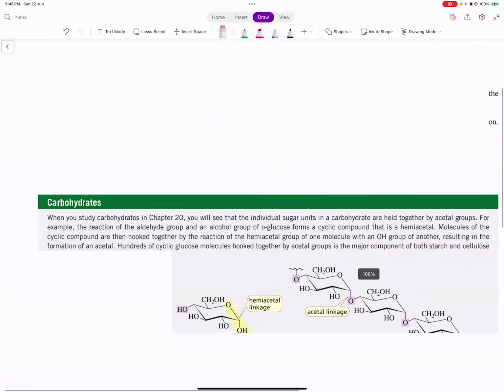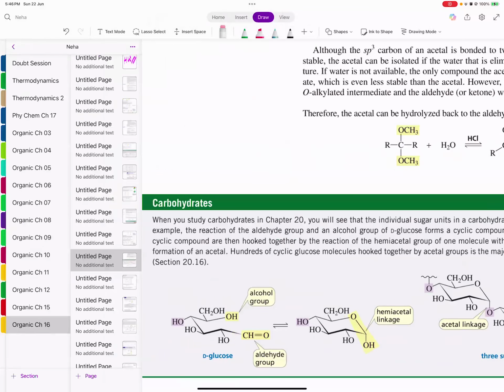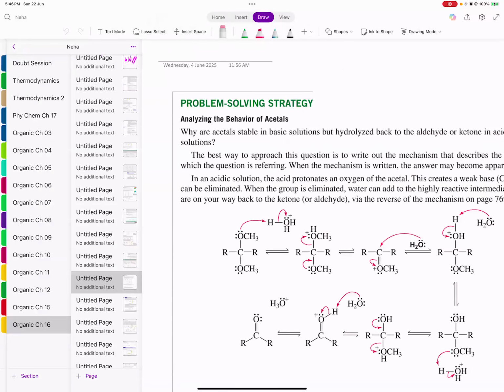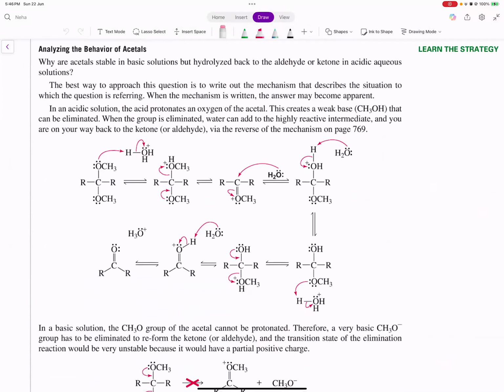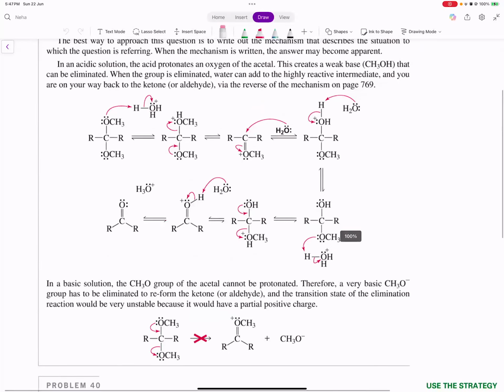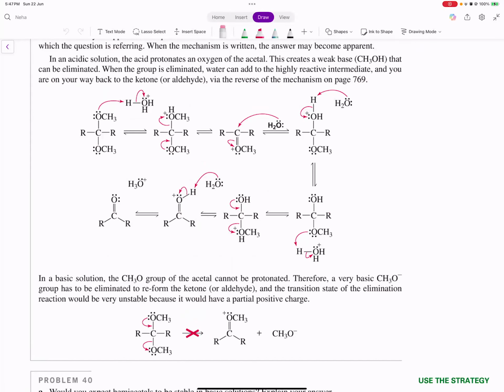Why are they stable in basic solution? In basic solutions, the CH3O group cannot be protonated and we cannot convert it into a good leaving group.